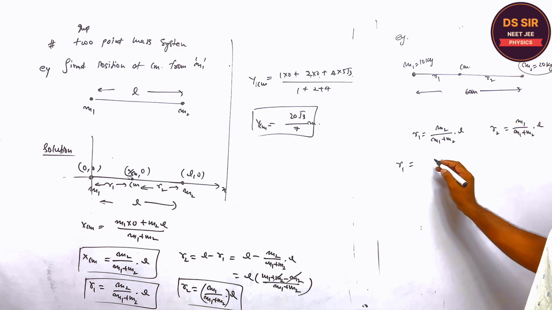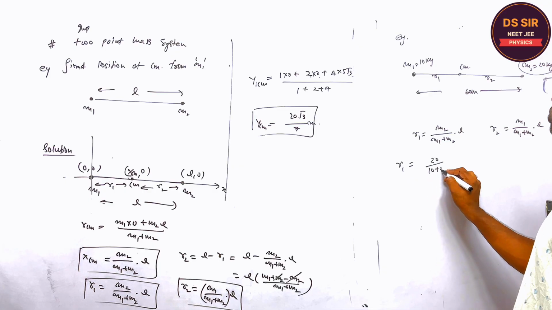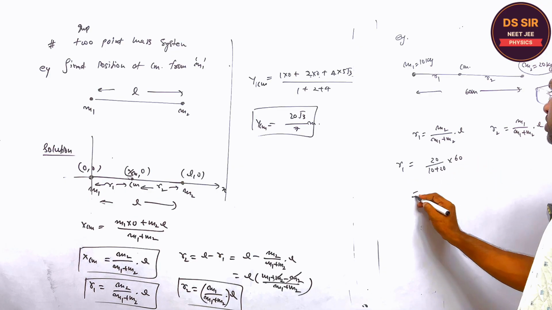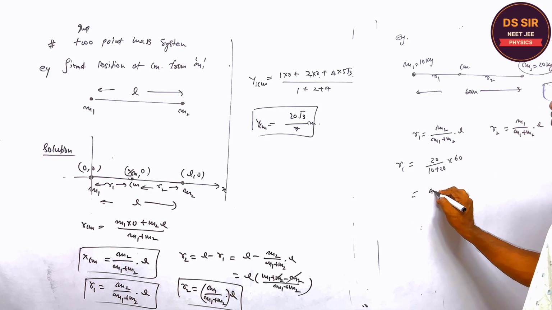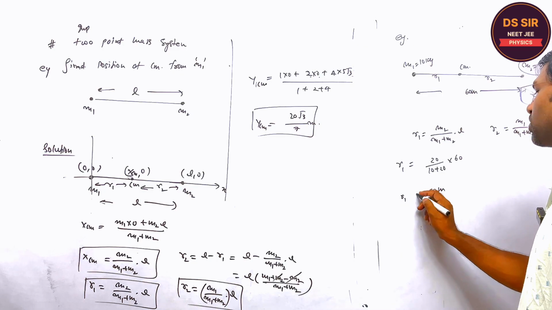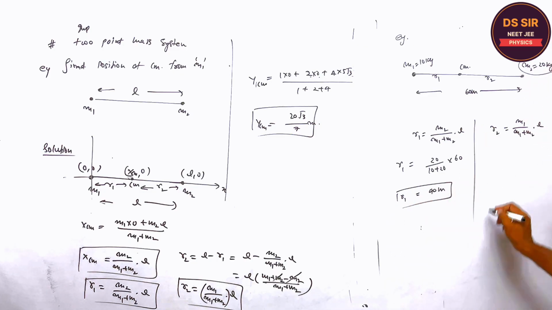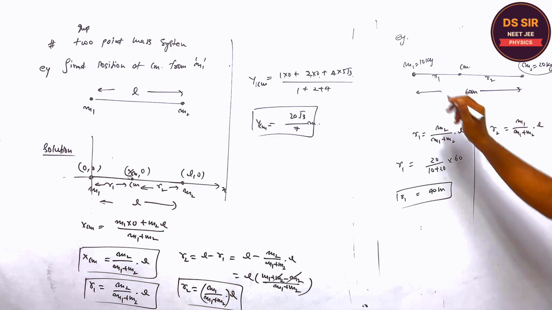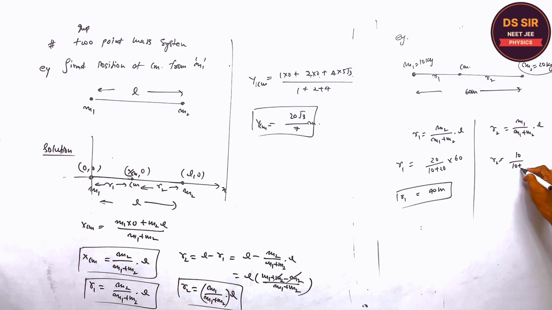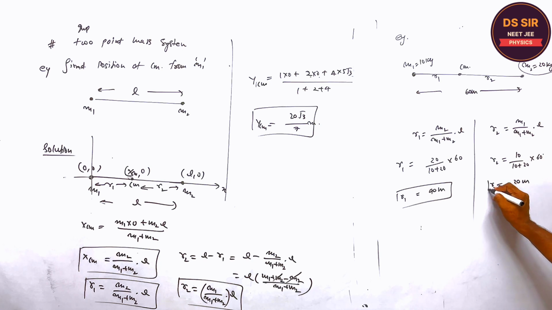M2, it is 20, upon 10 plus 20 into 60. So how much is this? It is 40 meter. R1 is 40 meter. In the same way, R2 is M1, 10 upon 10 plus 20 into 60. So this is 20 meter. Are you getting or not?